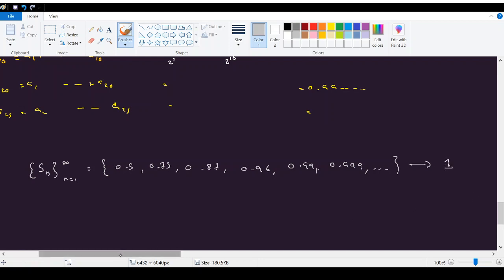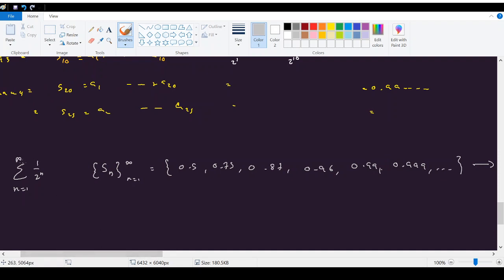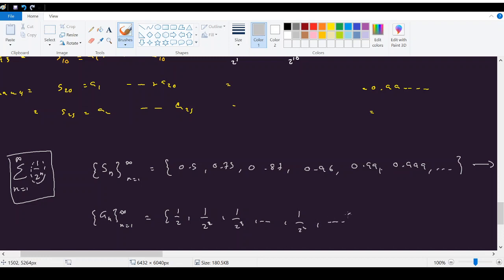Now here you have to be careful. In defining the series, we already have a different sequence, which we normally denote by a_n. So the a_n sequence is the sequence that we use to define the series. Here a_n is equal to 1 over 2, 1 over 2 to the power 2, 1 over 2 to the power 3, likewise, that is the 1 over 2 to the power n sequence.